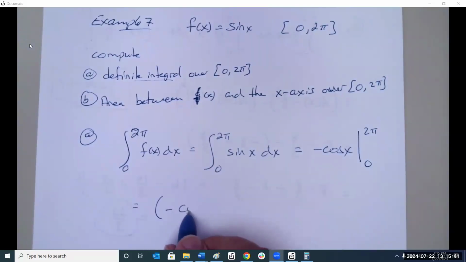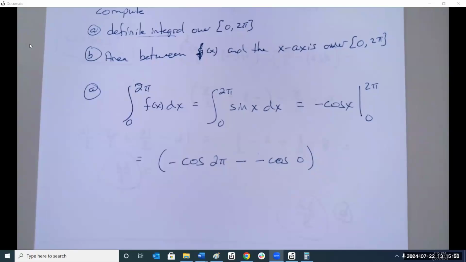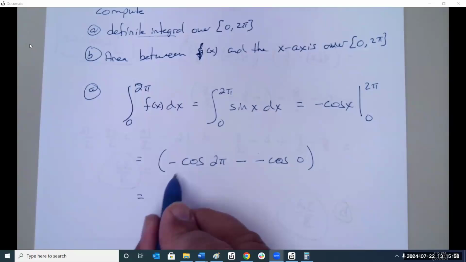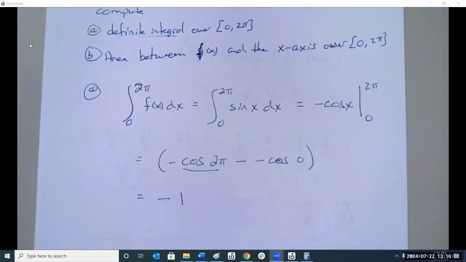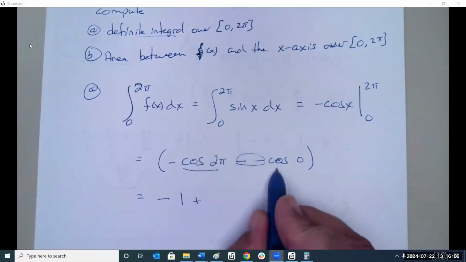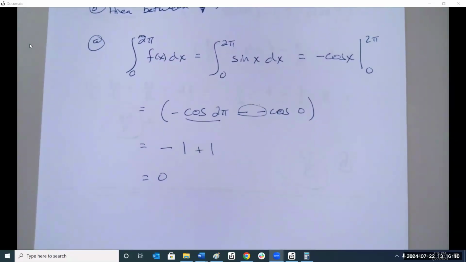We have negative cosine at 2 pi minus negative cosine at 0. Cosine of 2 pi is 1. This negative and negative becomes a positive. Cosine of 0 is 1. So the area is 0.